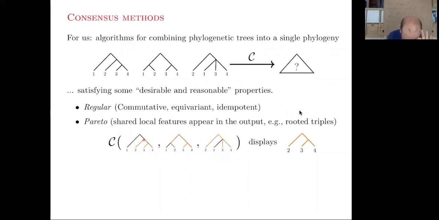You see 2 branches and then 3 and 4 branch. The same happens here. First 2 branches and then 3 and 4 branch. Number 1 is positioned differently, but if I only look at 2, 3, 4, I always see the same kind of tree.